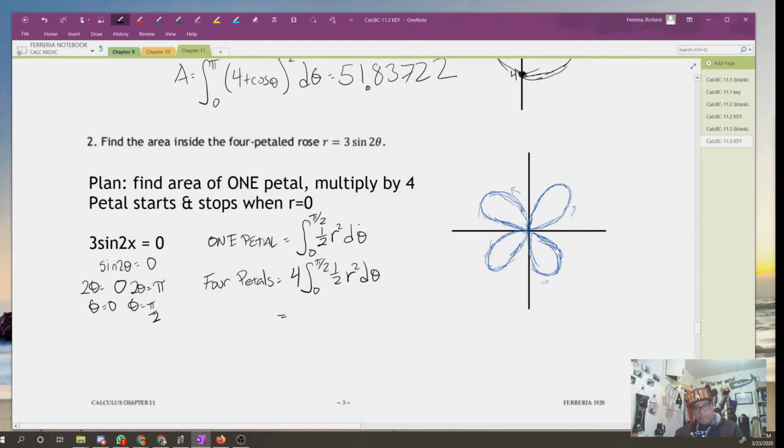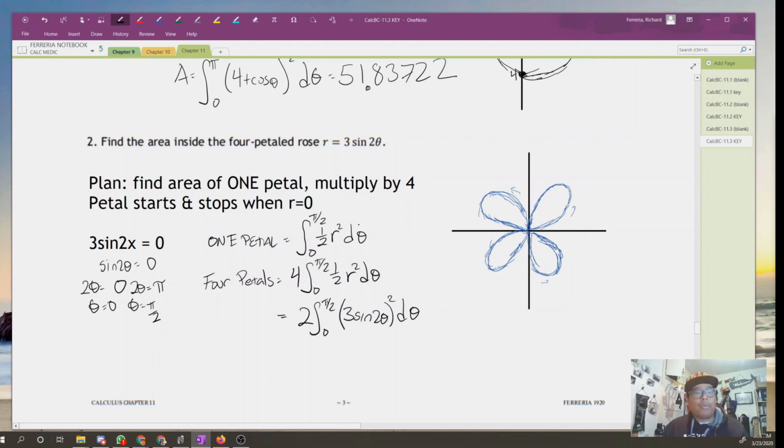Or if you simplify that, that is 2 times the integral from 0 to pi over 2 of 2 sine 2 theta squared d theta.